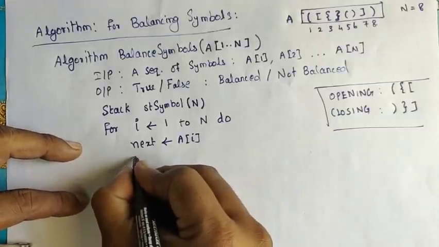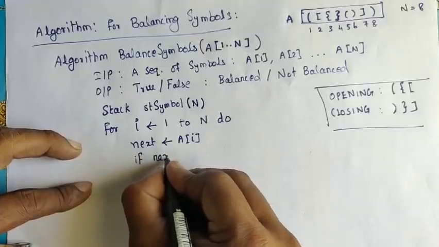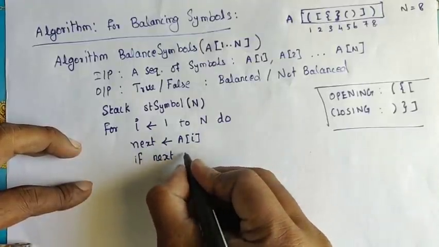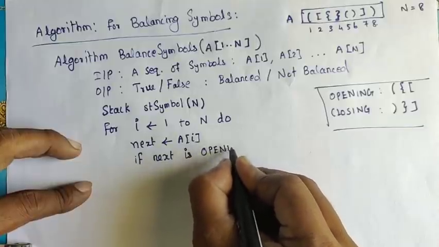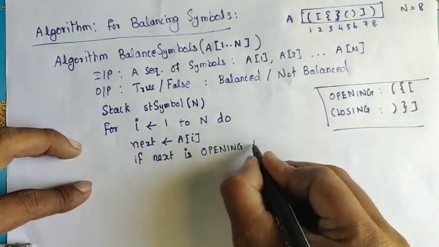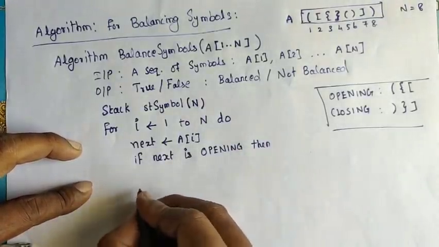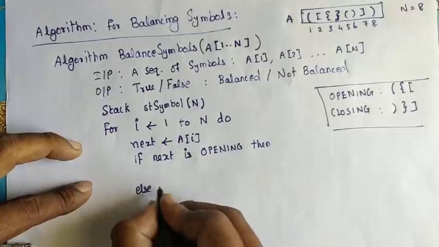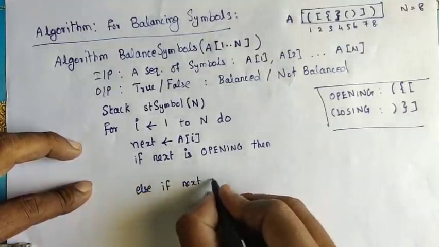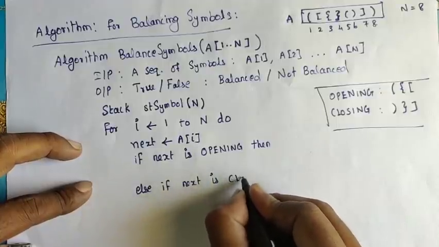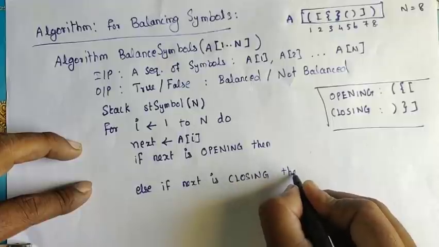If the next is in the category of opening, then what do I have to do? Otherwise, else if the next is closing, then what do I have to do?